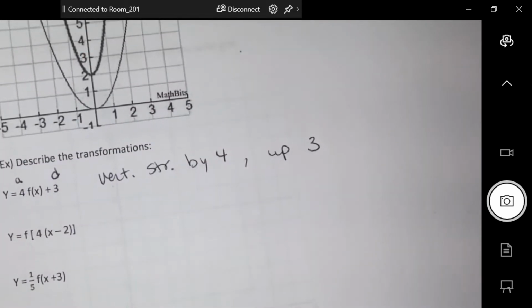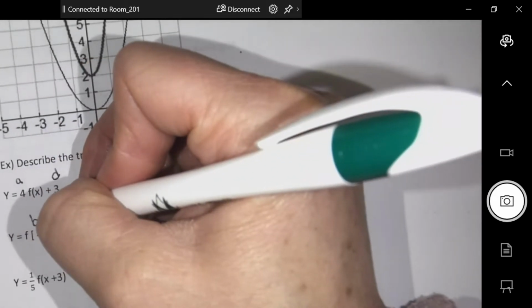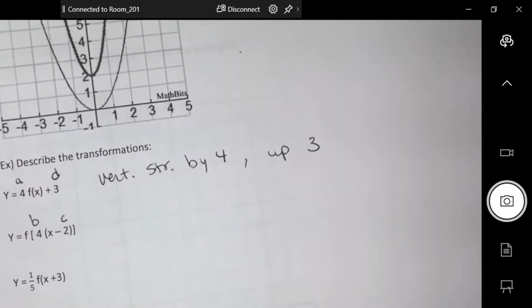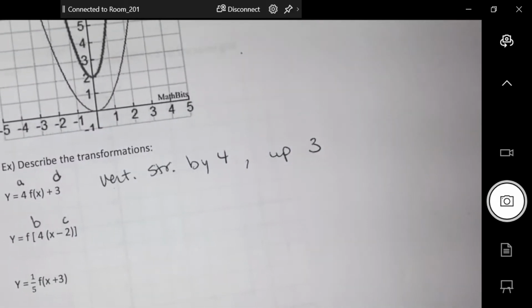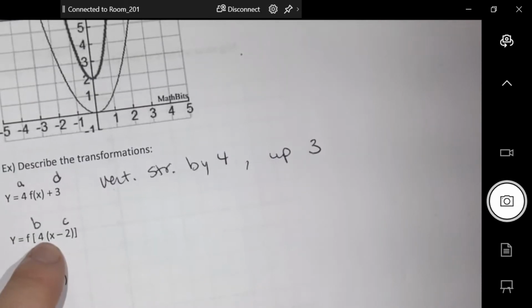Okay, next one. 4 is a what letter? It's a B, and then this is a C. So we're changing X stuff. X stuff is getting changed. So opposite brain. Opposite brain. So when you see this, it looks like a multiplier by 4.